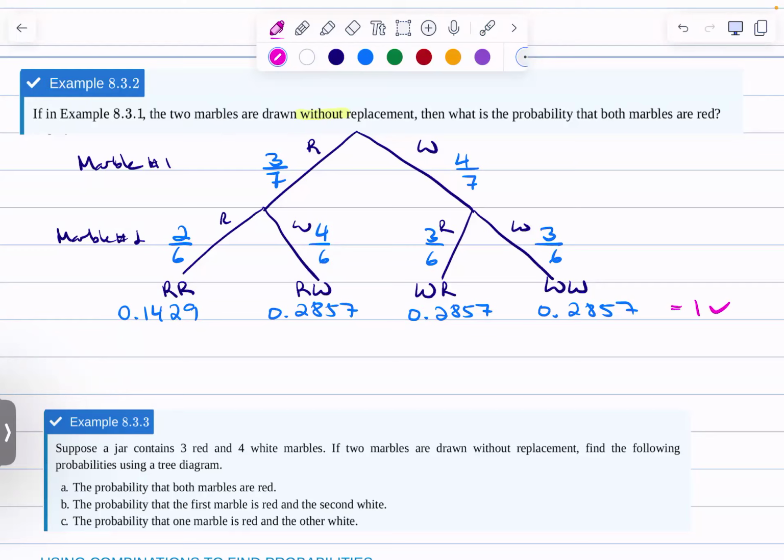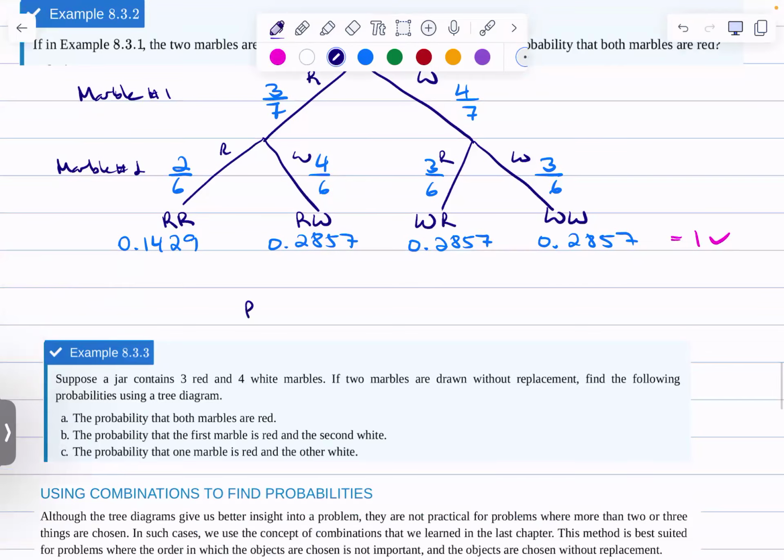So that's good. Just as a little check-in point. We wanted to know the probability that both marbles are red. So the probability of red and red is 0.1429.